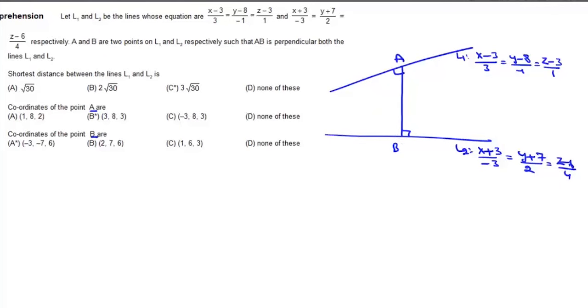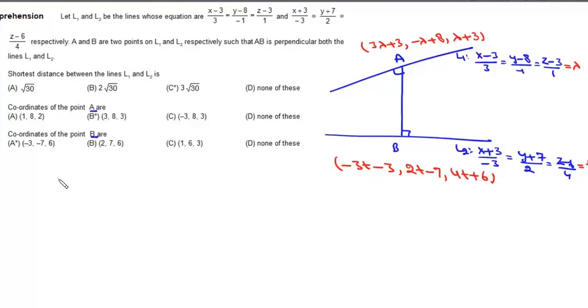Now since this point A lies on the first line, we can write this A in terms of lambda. So the coordinates of this point A will be 3 lambda plus 3, minus lambda plus 8, and lambda plus 3. And for the second line, we'll take this parameter as t. So here it will be minus 3t minus 3, then 2t minus 7, and 4t plus 6.